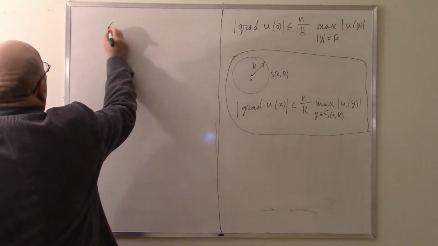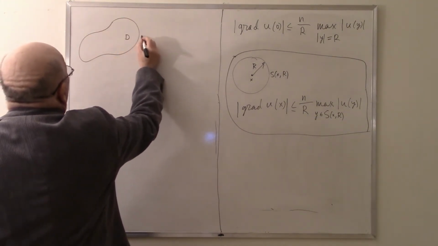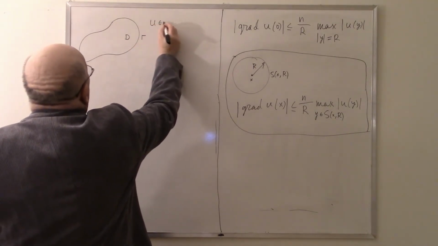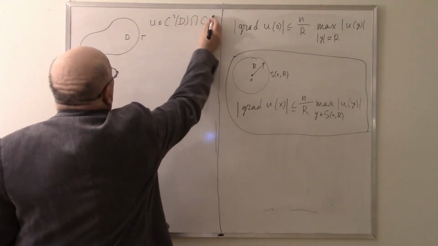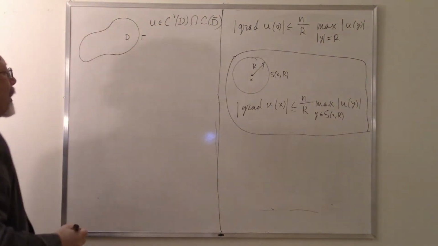Suppose we have a domain D, boundary gamma, and u in C2 of D intersection C of D bar. D bar is D including gamma.